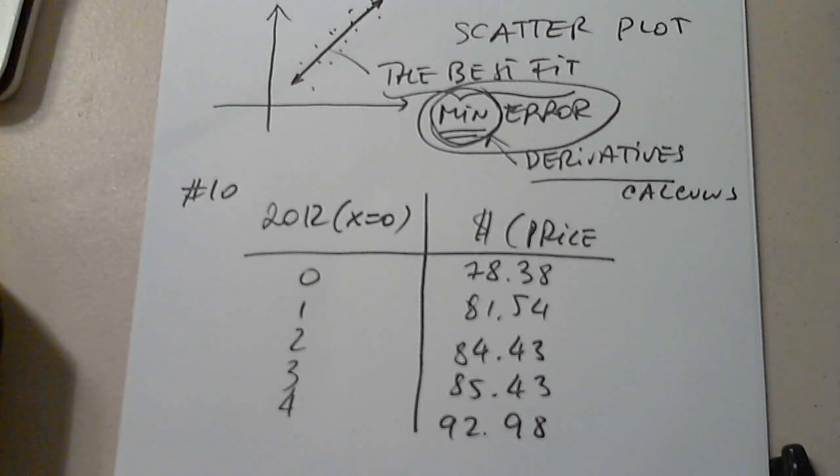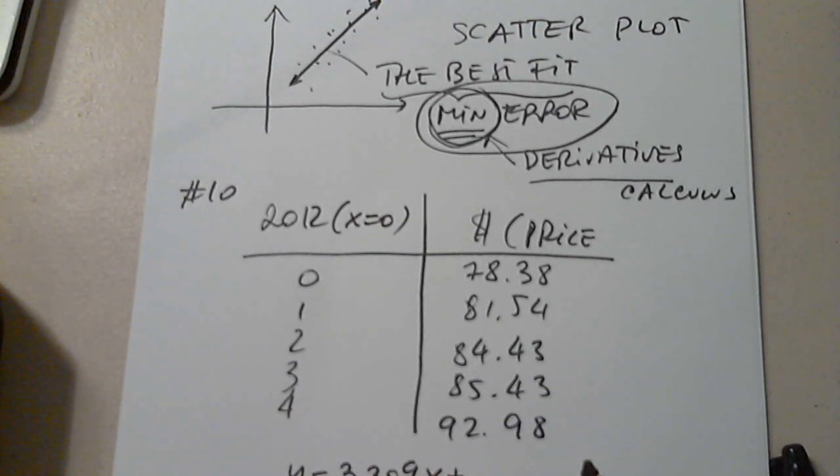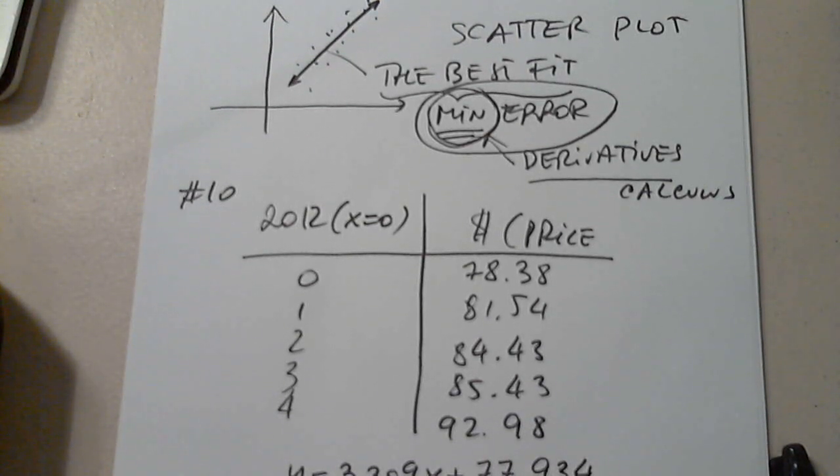The slope is 3.309, so y equals 3.309 times x plus b, which is the y-intercept, 77.934. This was nice. It did not have the infinitely many decimal digits.